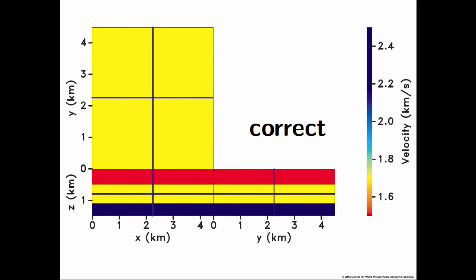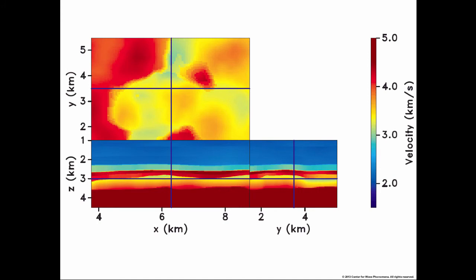So here I use a synthetic example to illustrate the workflow of our method. So now let's go back to the field data example you have seen at the beginning of the presentation. So this is the velocity model we use to test our algorithm.